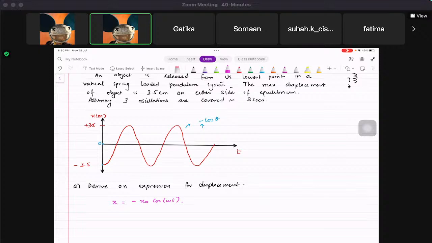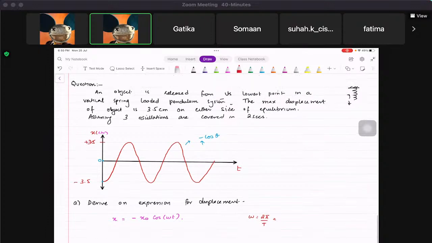This was in centimeters. Now omega, which we know is equivalent to 2 pi upon T from the very first chapter. Here they say that 3 oscillations are covered in 2 seconds. So 3 oscillations in 2 seconds.